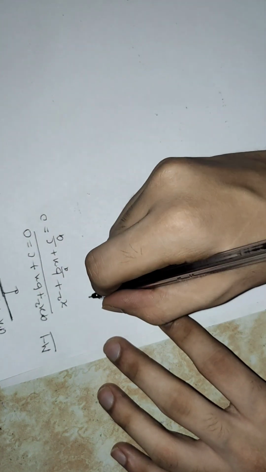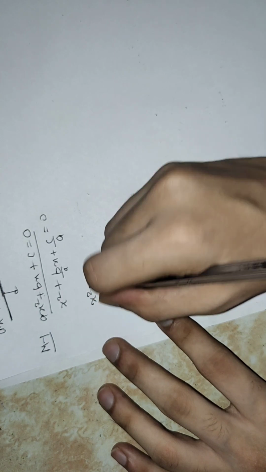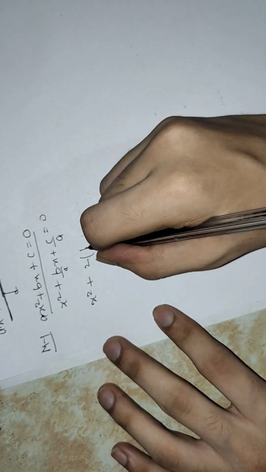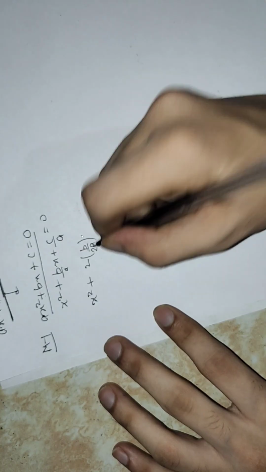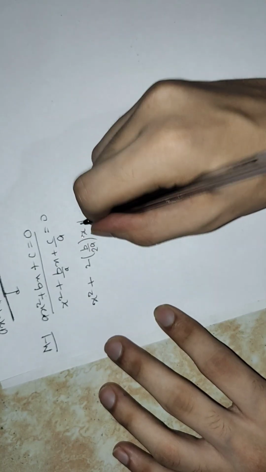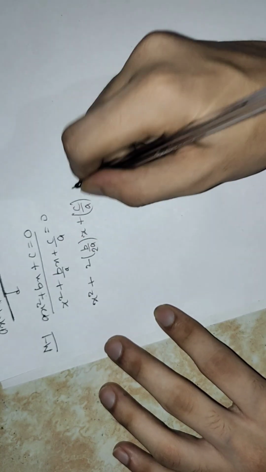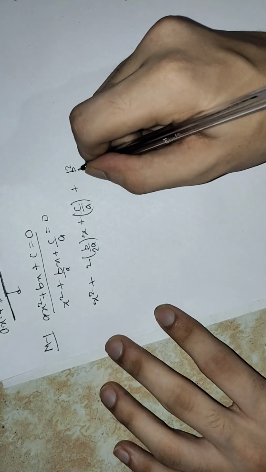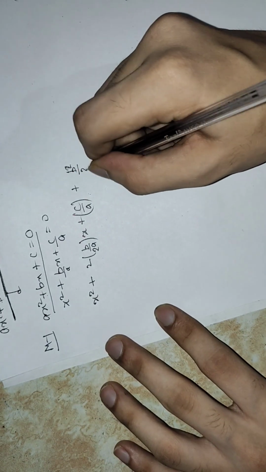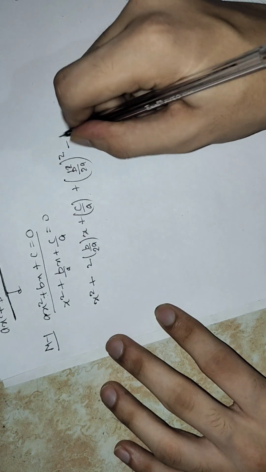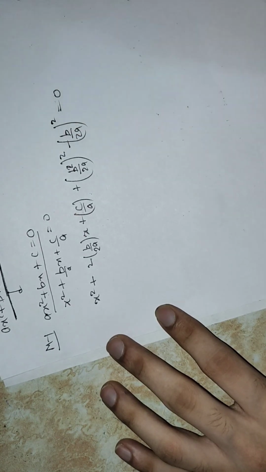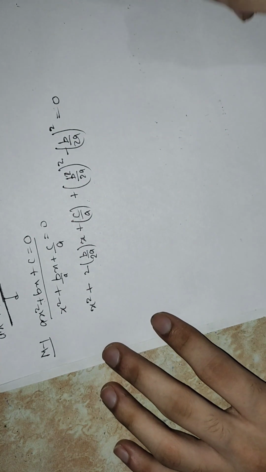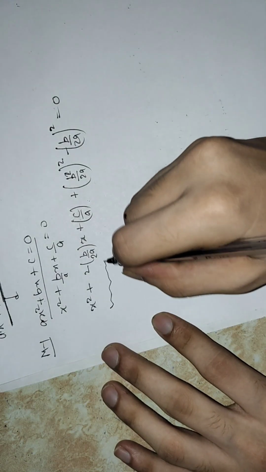Now we can write this as x square plus 2 times b by 2a into x plus c by a. Now add b by 2a whole square and subtract b by 2a whole square, and this is equal to 0, right? Now club these terms.